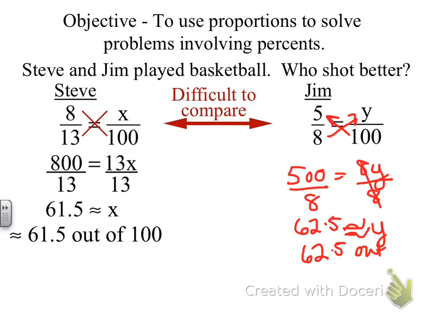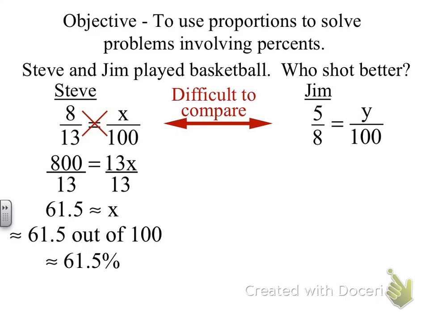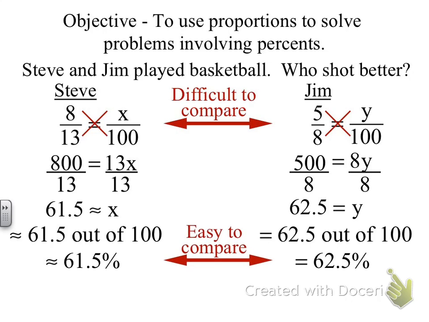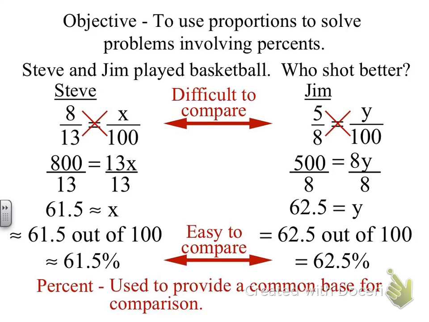So the question is, who shot better? Okay. So Jim shoots better. Okay. Questions. So that's one way, like if they give us fractions to compare, we can compare the percents, as opposed to comparing these fractions with different denominators.